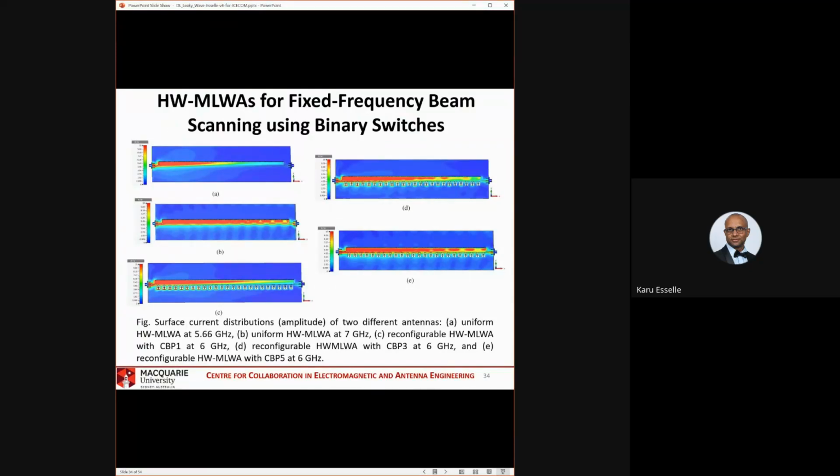Okay, now this is something we haven't looked at so far: the surface current distribution along the length of leaky wave antennas.